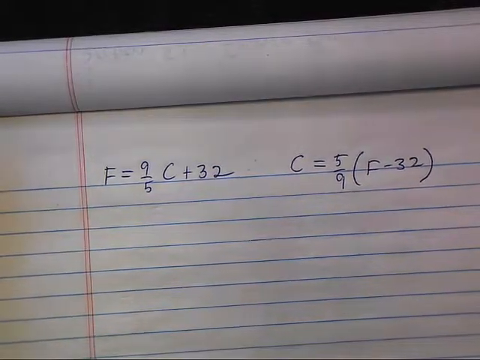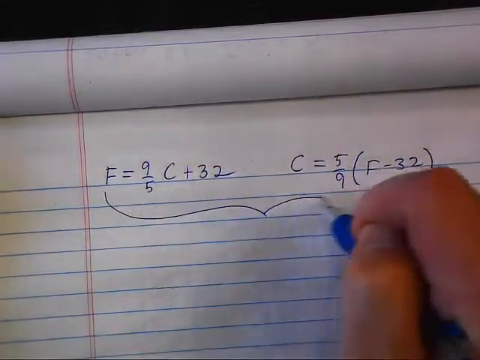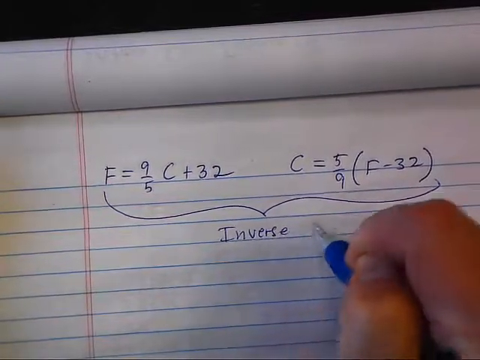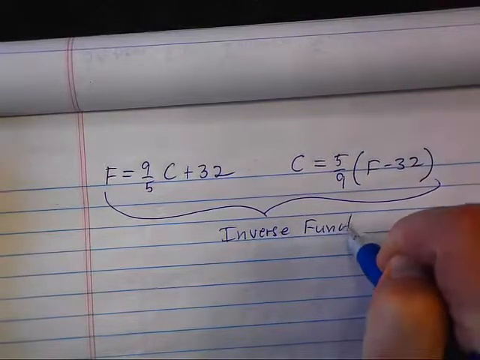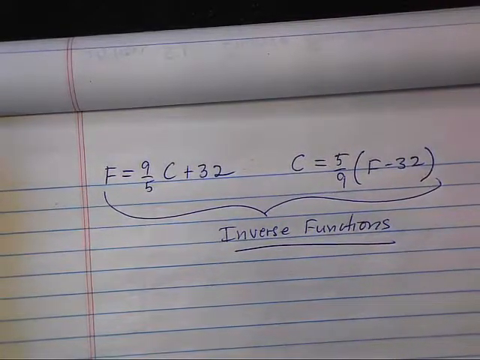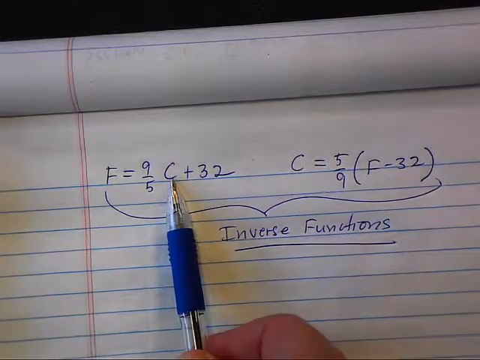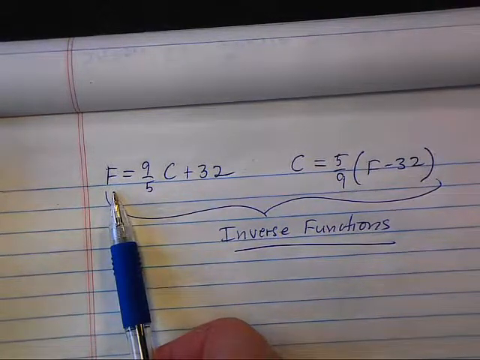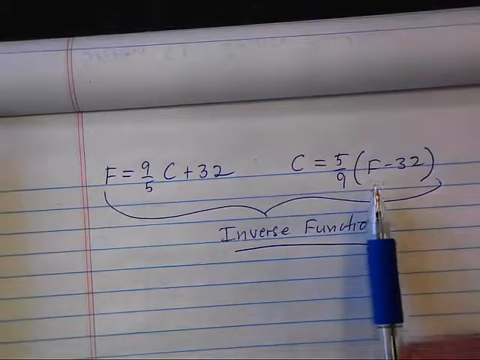And when that happens, these are called inverse functions. You flip the x's with the y's, basically. This one has input of C, output of F. This one's completely the opposite.